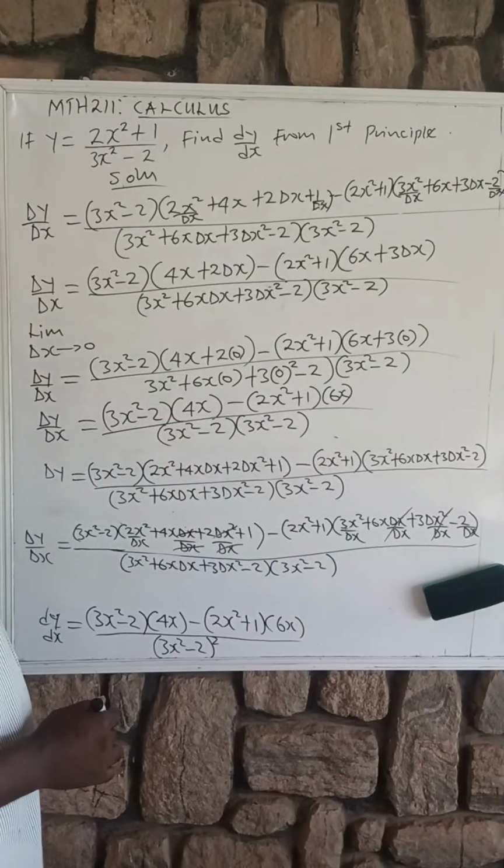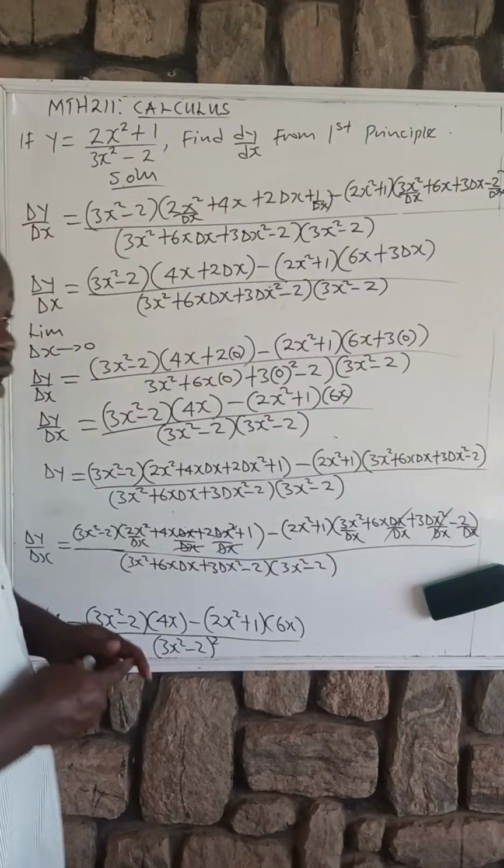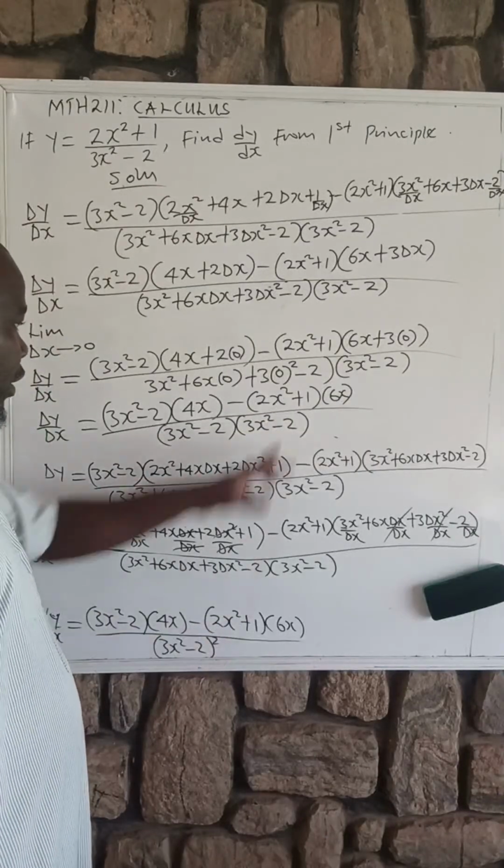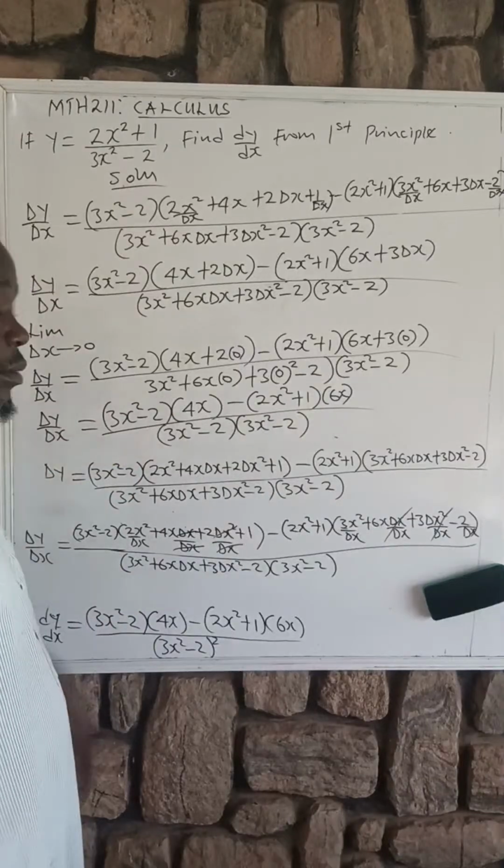True or false? Then you can now see that this and this, they are the same thing.